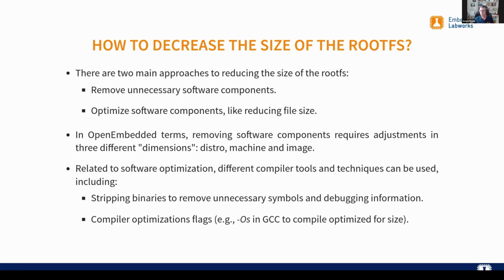About software optimization, basically you have to work with the compiler and different compiler optimization options to decrease the size of the binary. Or maybe you could also replace binaries with implementations that are smaller. So that's another option as well.